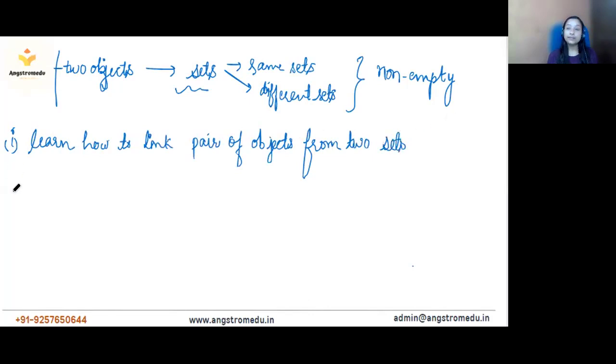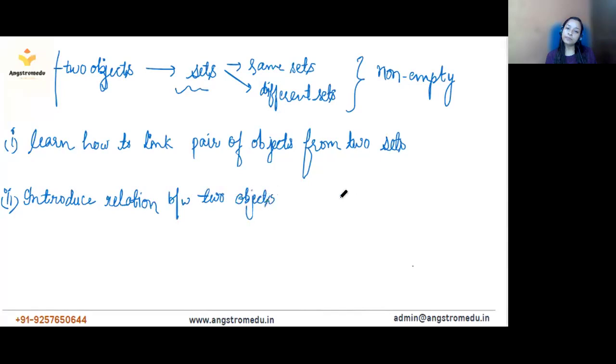In this chapter there are three things. The first thing is how we are going to link the pair of objects. Then the second thing is we are going to introduce a relation between the two objects in the pair.